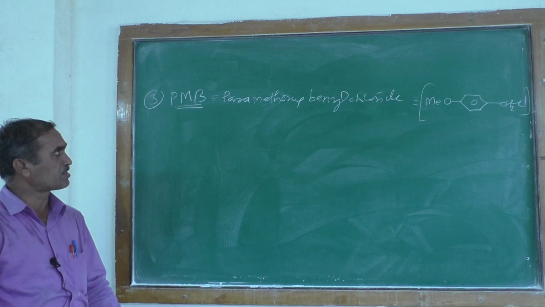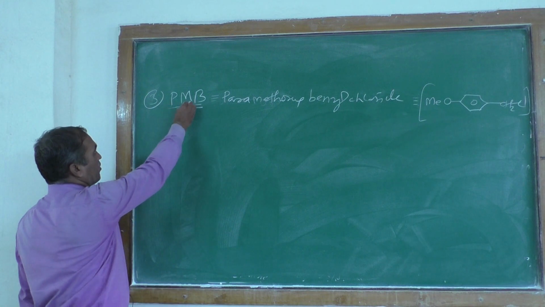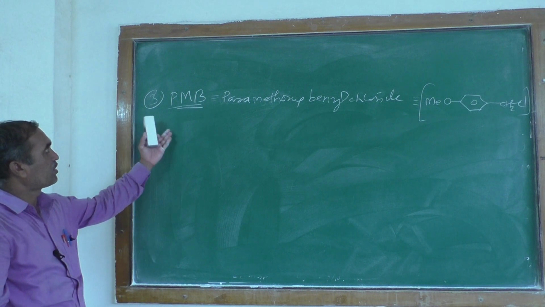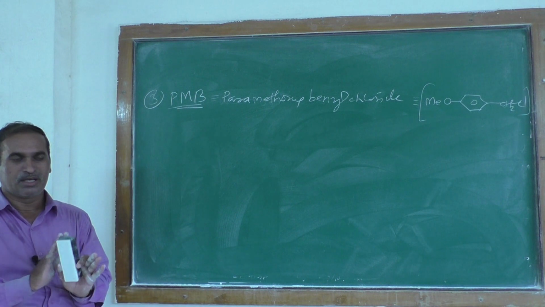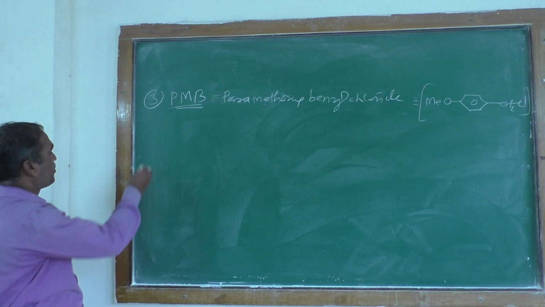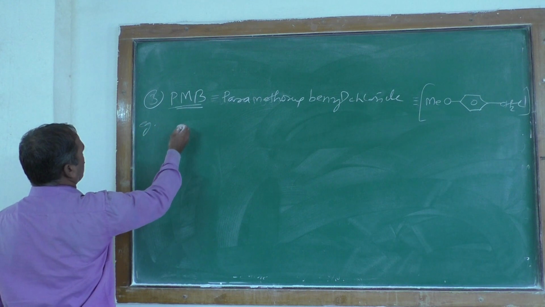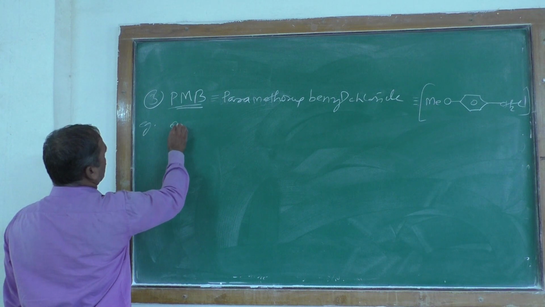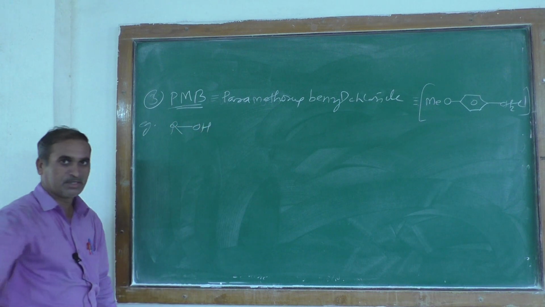Same thing, it is a protecting group. Instead of benzyl chloride, we can use para-methoxybenzyl. Everything is the same. For example, suppose we have a starting compound, an alcohol, ROH, right?